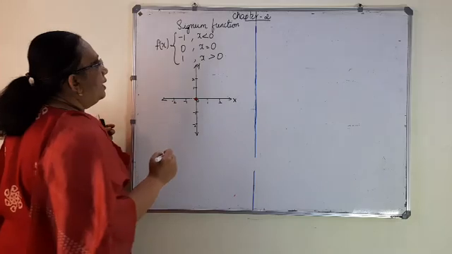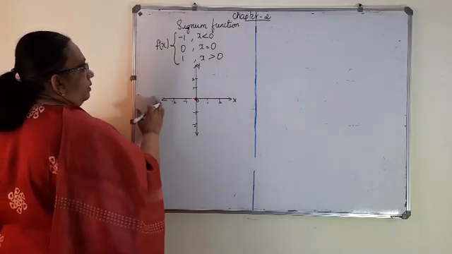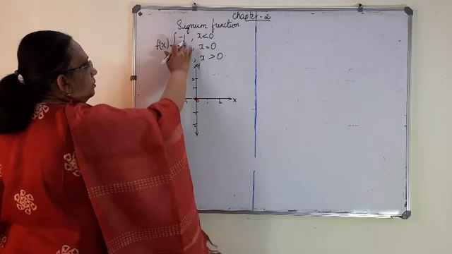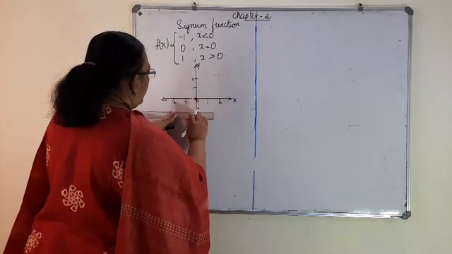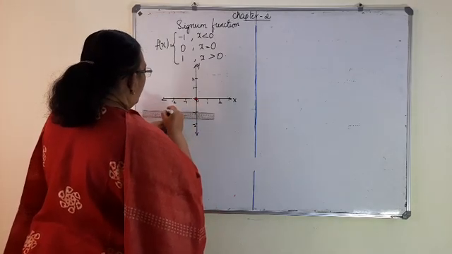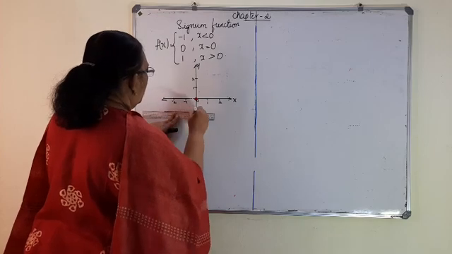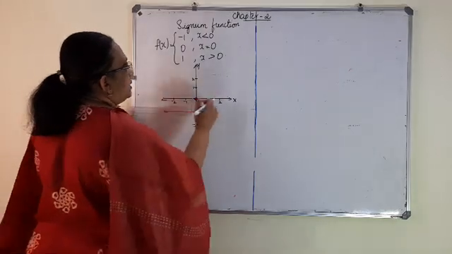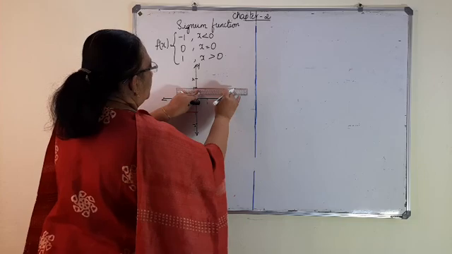When x is less than 0, whatever values x takes, it is equal to minus 1. So the graph is a line parallel to the x-axis. When x is greater than 0, it is always equal to 1.